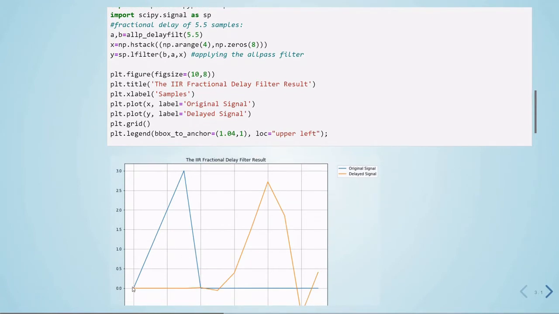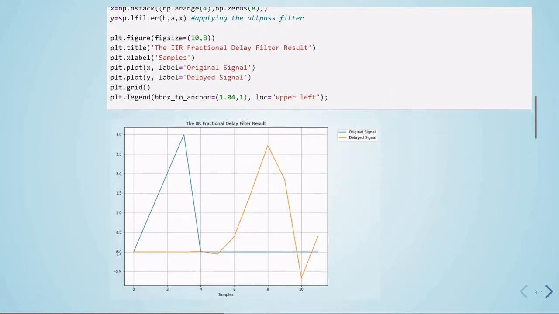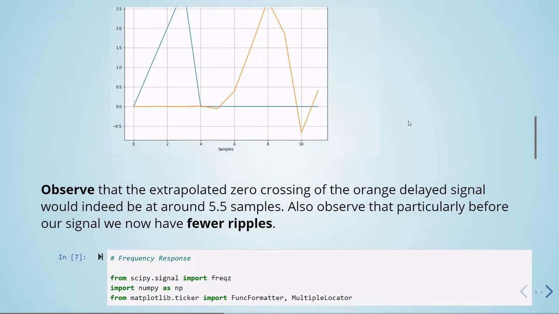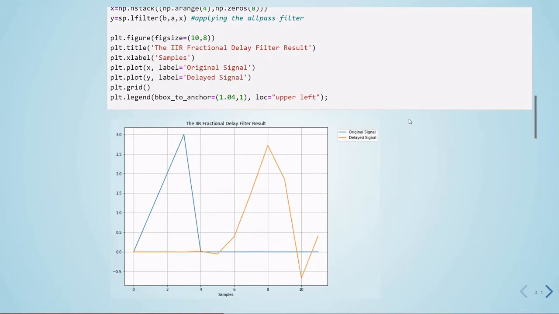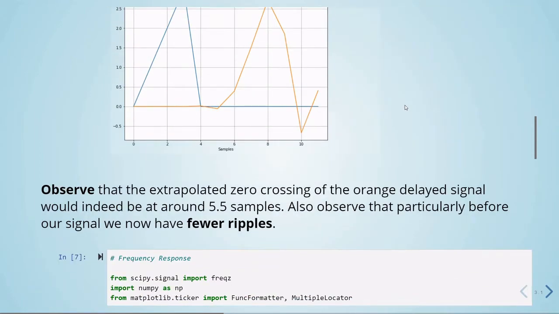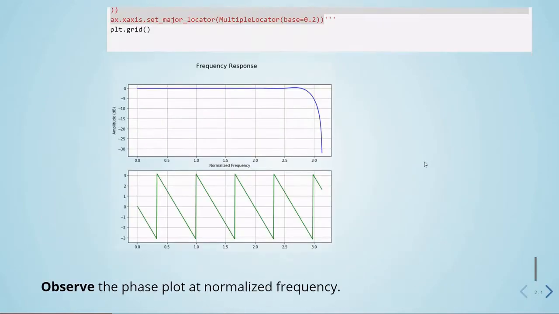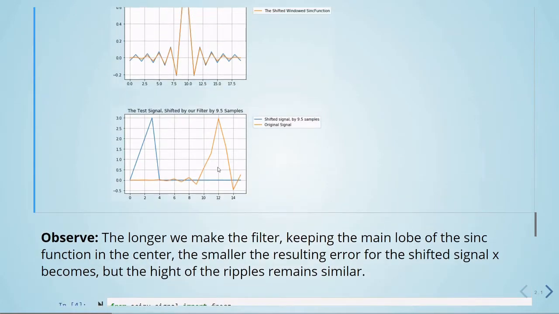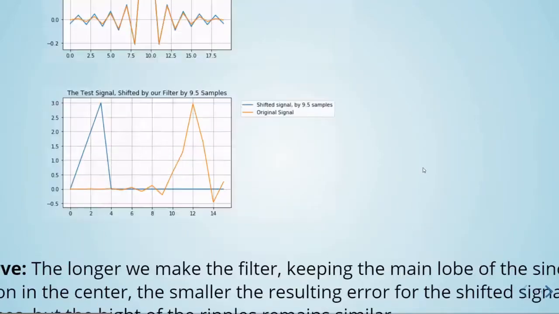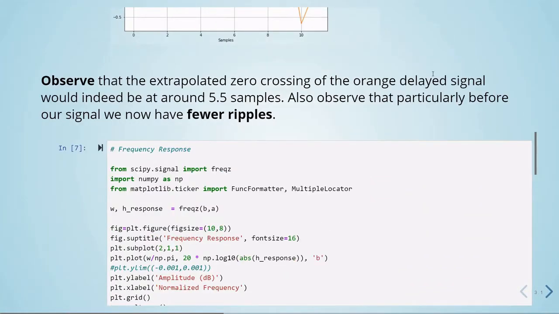And here we have our test signal, and then the output of the filter, which is a delay of 5.5 samples. And we can see that the extrapolated zero crossing in the delayed signal would be indeed around 5.5 samples. And we also see that compared to our previous attempt, we have now fewer ripples.